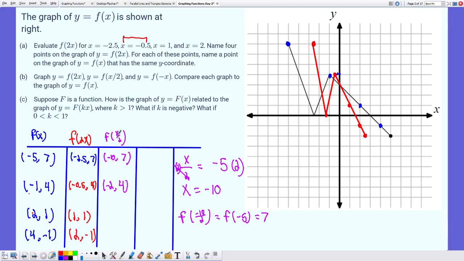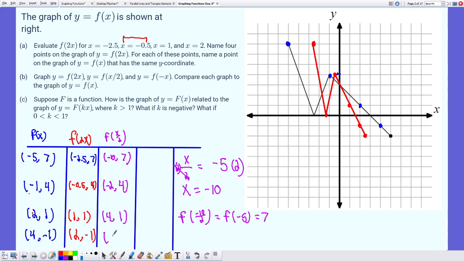Negative 2 plugged into f of x over 2 will become f of negative 1, giving you the proper y value of 4. Okay, now what can I plug in to get 2? Well, 4 divided by 2 is 2, so I'm going to have 4 comma our output of 1. And then we can see the pattern.